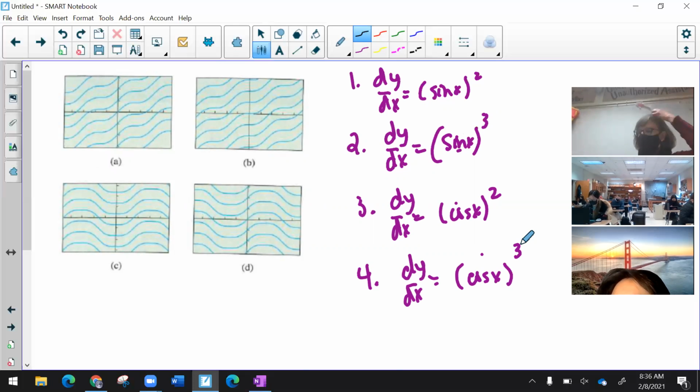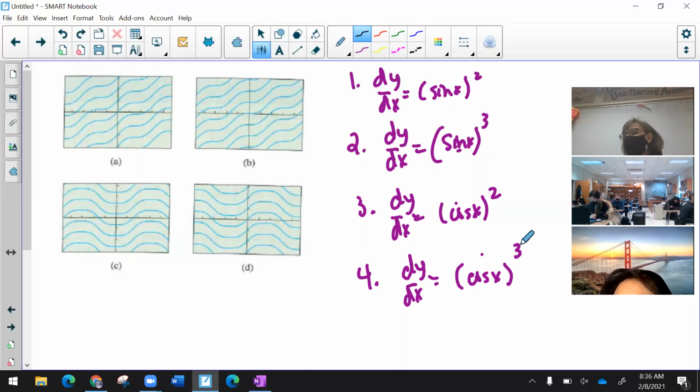Yes, okay. So we're supposed to match the differential equations, those are the numbered things, with the functions A through D. Remember that dy/dx is what we're plotting there, and dy/dx is the slope. I love a good table.